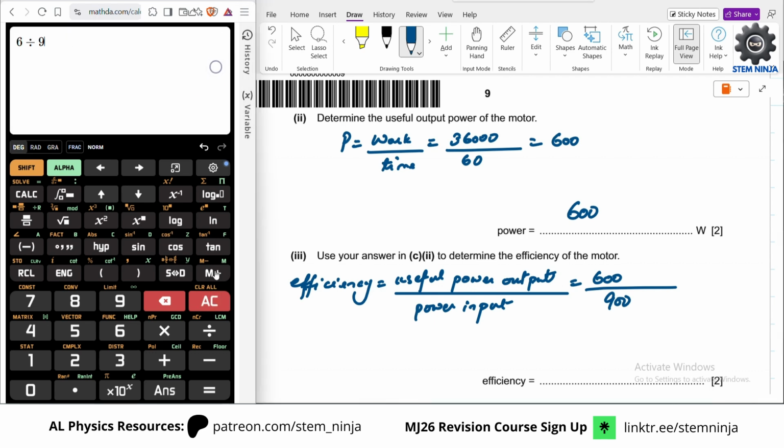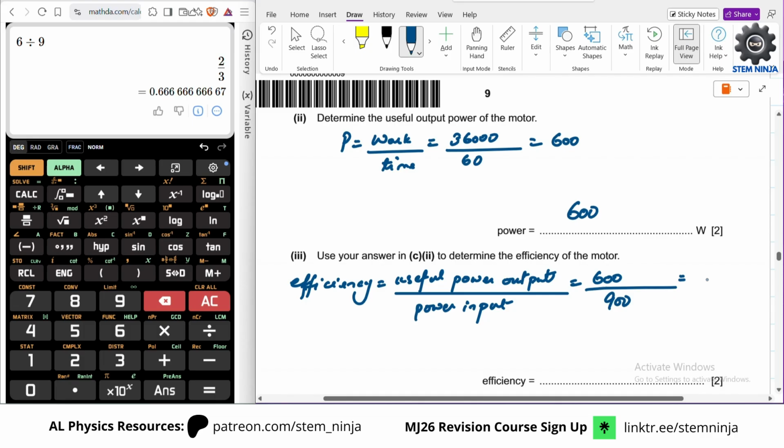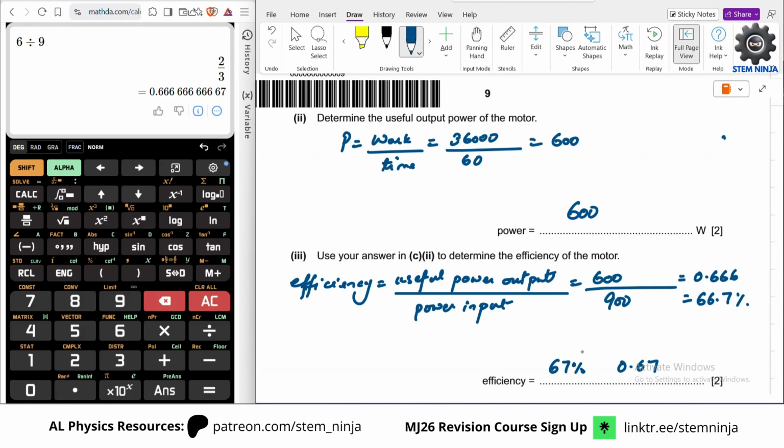So 6 divided by 9, 2 over 3 is 0.666, which is 66.7%. Because we want two significant figures, sorry, 70% would be not correct. We can write 67%, or you could also write it as 0.67 also. Both of these would mean the same thing.